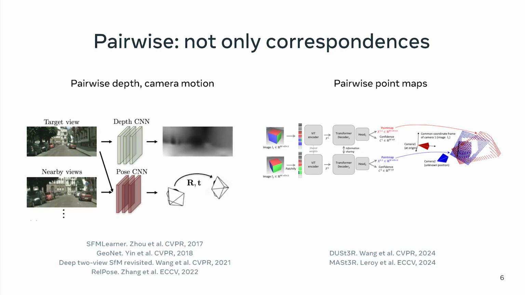Now, more recently, we have seen tons of progress in feed-forward methods or neural network-based methods for 3D reconstruction. So you can now do not just point correspondences, but you can also do depth, camera motion, etc. Or more recently with DUSt3R, I guess, we can also estimate point maps, which is a very, very useful representation. We're going to see more of that later.